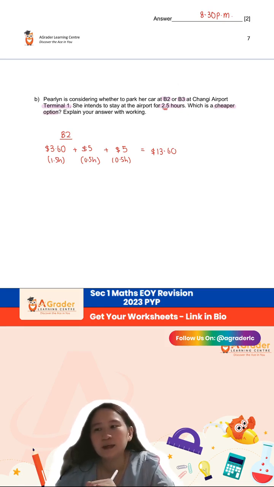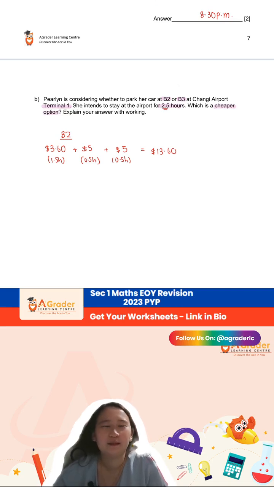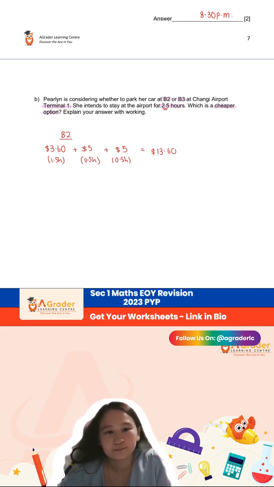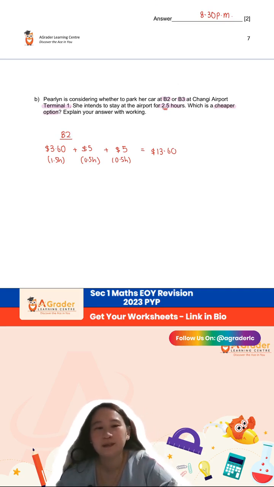Minimally, I would say until maybe around 14 square, 15 square, 16 square. Yeah. But the more you can remember, the better it is. You mean 2.5 hours equals 250 minutes, right?